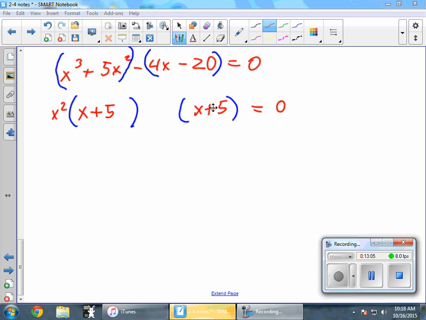Okay? So now, what can I multiply times x plus 5, Daniel? Because this one is positive right here, yeah, it's going to have to be positive because x squared times x is x to the third, and x squared times 5 is 5x squared. So it has to be.